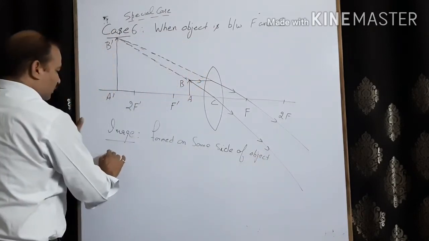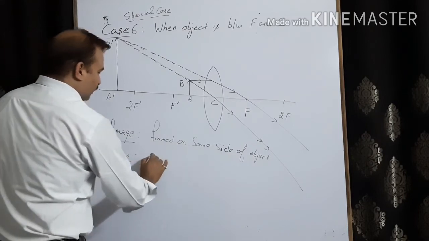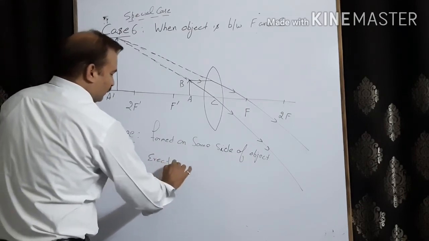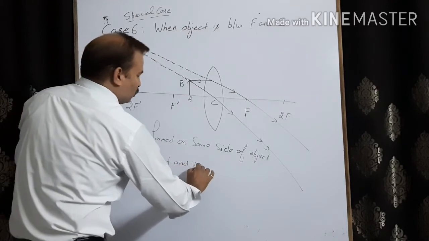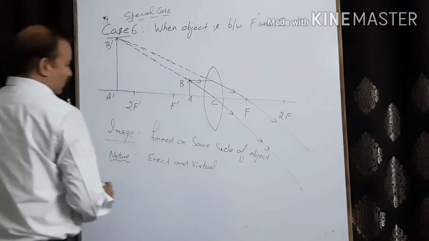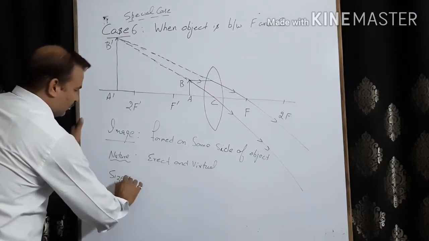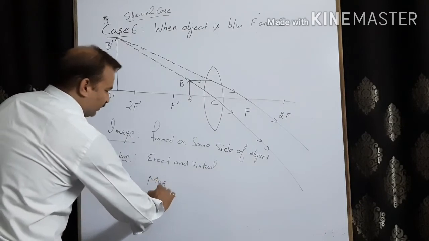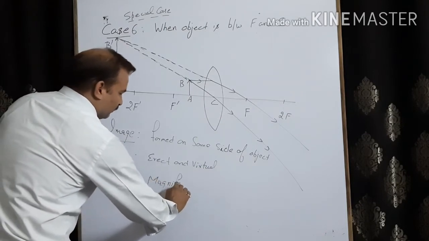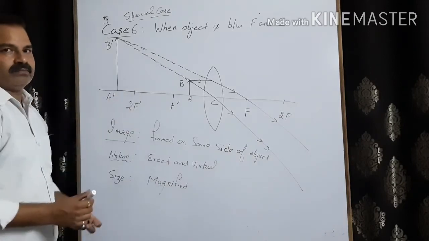Now the nature of the image is erect and virtual. All erect images are virtual, and the size is magnified. So this is the sixth case, which is the special one.